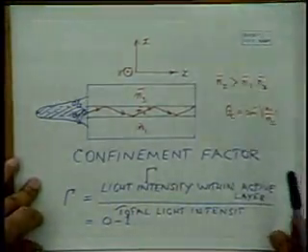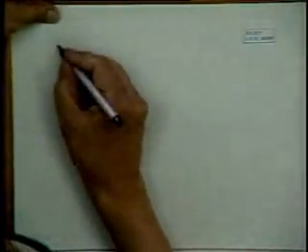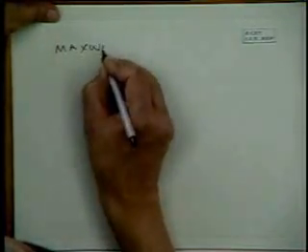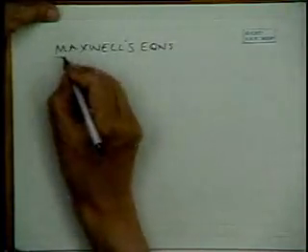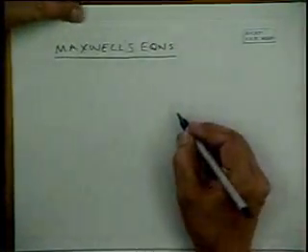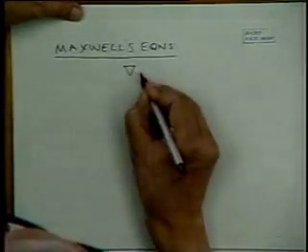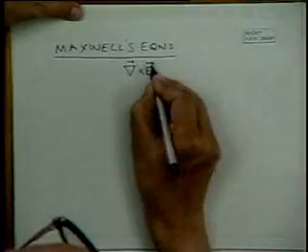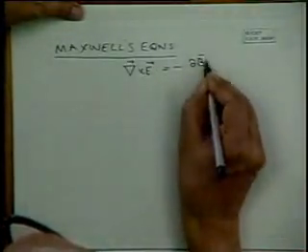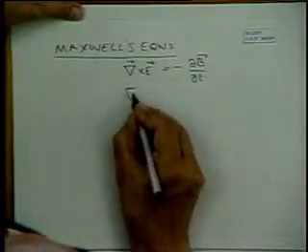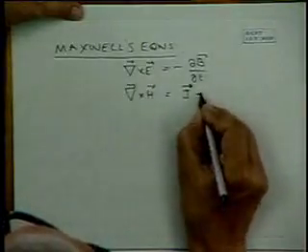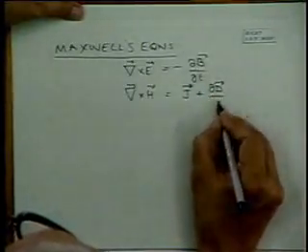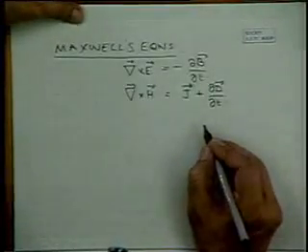Now, we know from Maxwell's equations that curl of E is minus delta B delta T, and curl of H is equal to the conduction current plus delta D delta T, the displacement current.